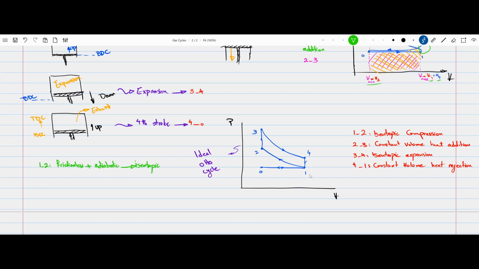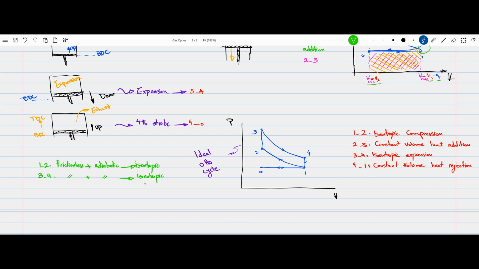The same goes for 3 to 4. It is frictionless, and it does not have any unwanted heat transfer, meaning that it is also adiabatic, and so it is also isentropic. So for an ideal Otto cycle, we are dealing with two isentropic processes and two constant volume processes.